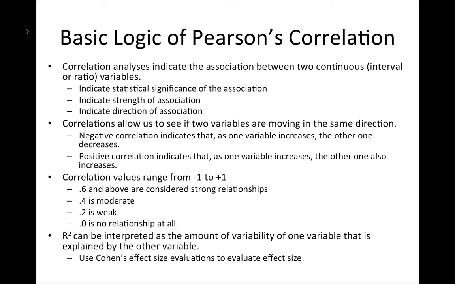The correlation value that we get is represented as an r. And if we just square that r value, we get an r squared, which is why it's called an r squared. And then we can interpret that r squared using the standard Cohen's effect size evaluations. We've talked a little bit about those before, and those are pretty easily found online. And I believe they're in your textbook as well.